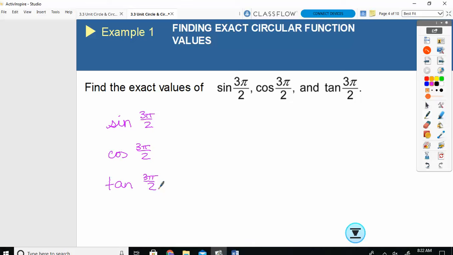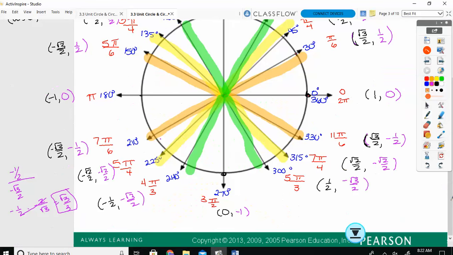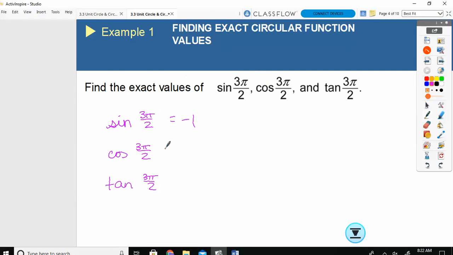All right, so sine of 3 pi over 2. So if you go to 3 pi over 2, is sine the x or the y? The y. What's the y value at 3 pi over 2? Negative 1. We look at our circle. Okay. Cosine is your x.